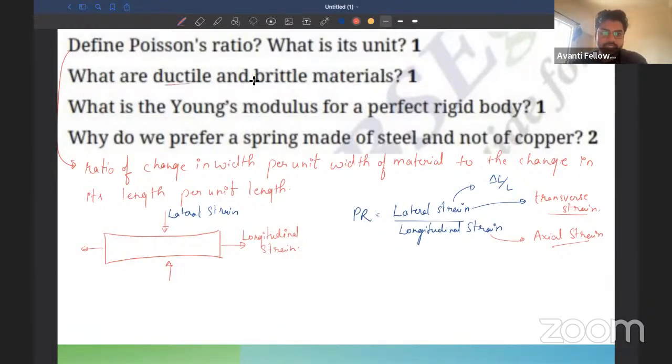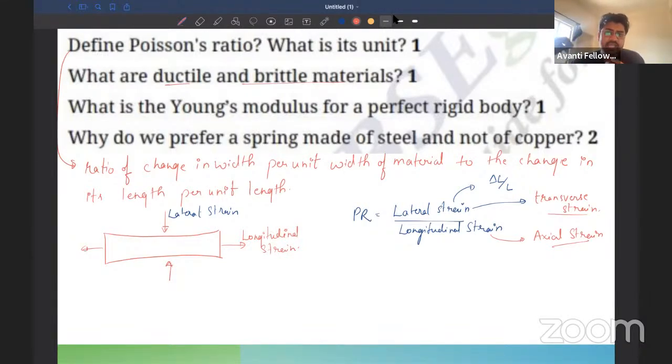Ductile and brittle materials. Okay, so ductile material क्या होता है? What happens when you stretch some material, for example, if I stretch steel and if I stretch, let's say, sodium. अगर sodium को stretch करोगे, sodium will break easily, but steel will stretch a little bit and can increase its length.